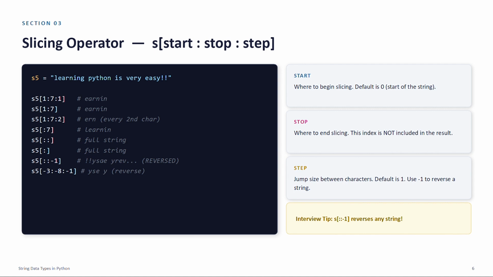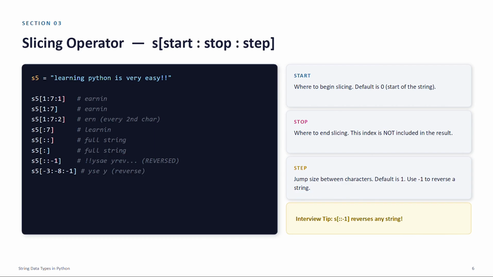Now in the next example, I have provided s[], and I have not passed any value for start, stop and step. If it looks like this, then the output is displayed as the whole string, that is the full string. Now in the next example, I am using only a single colon, s[:].